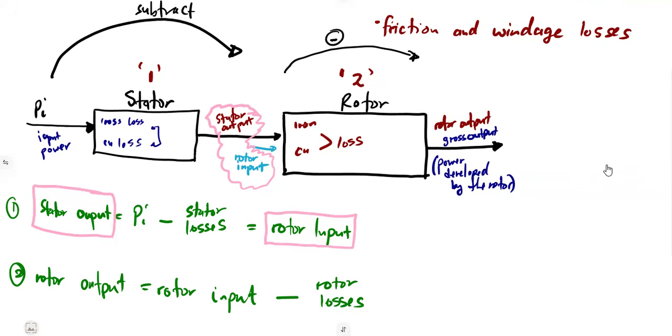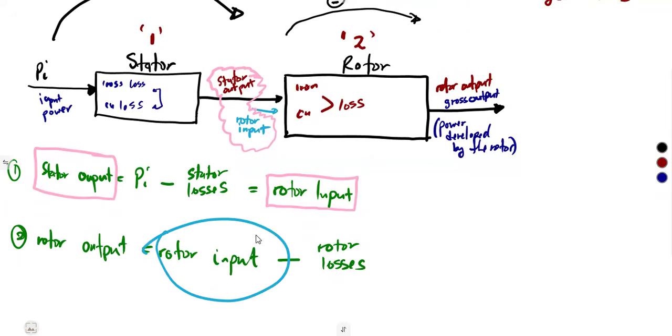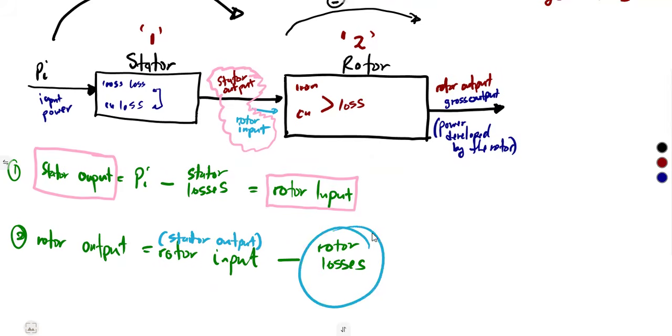This is the output of the rotor, or the gross output. You can have it from that formula.